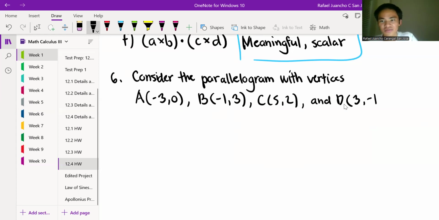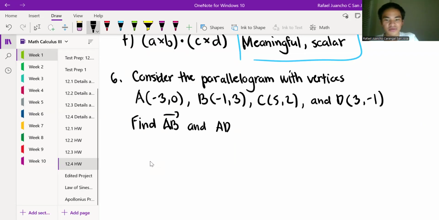So usually these are where the harder ones come in. Or probably puzzles. I don't know. Oh, fine. This is an interesting question. We want to find a vector AB and AD.